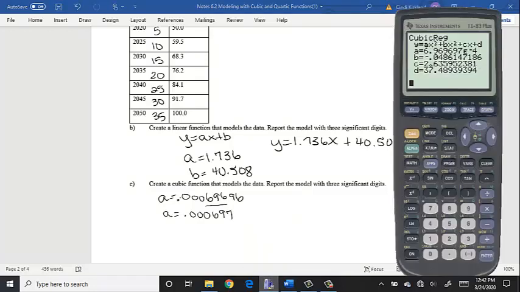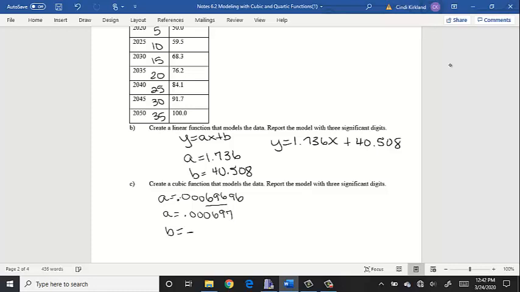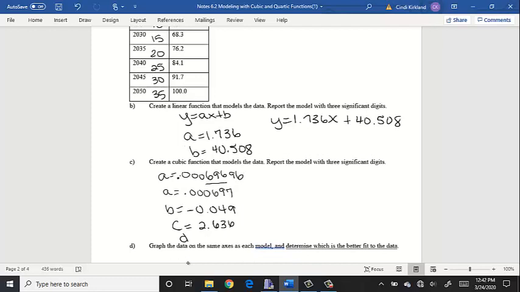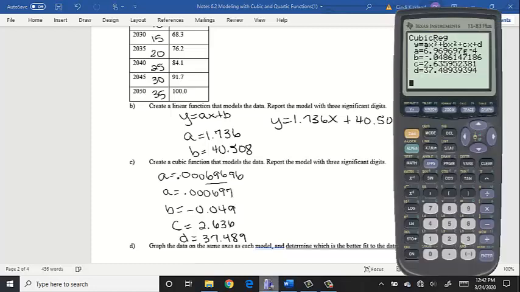Look at our b value. Our b value is negative 0.048. We want to round to the third significant digit, so that 8 is going to round up to a 9. So b is going to be negative 0.049. C is going to be 2.636, and our d is going to be 37.489.